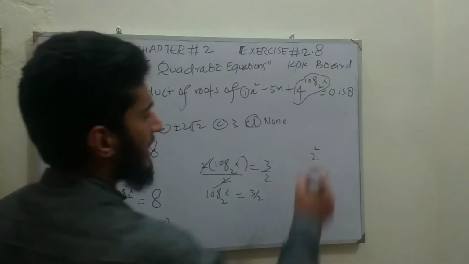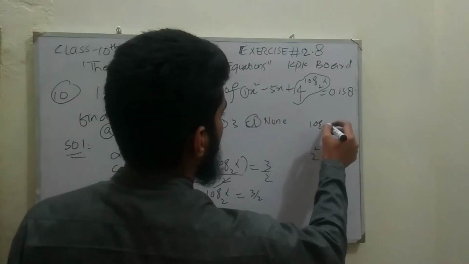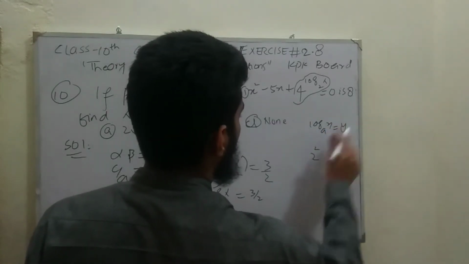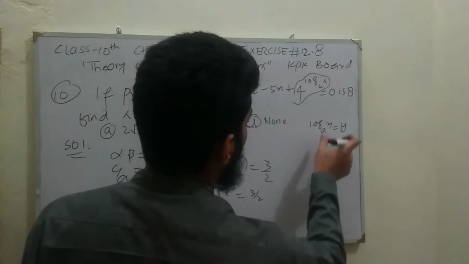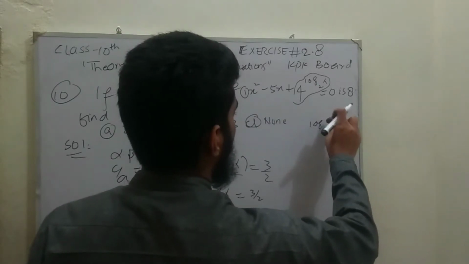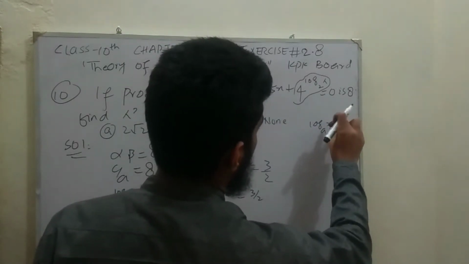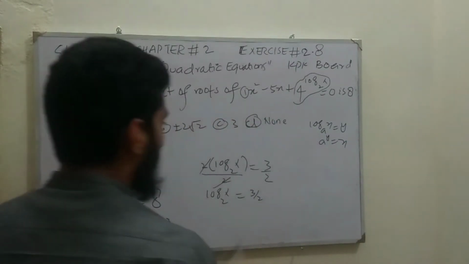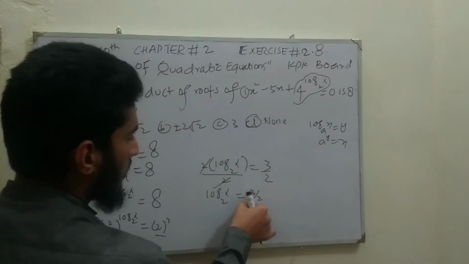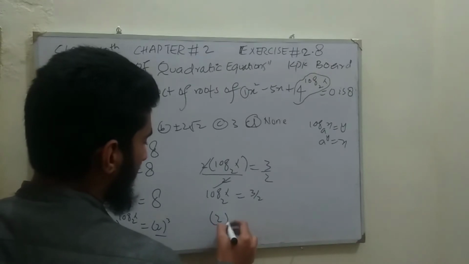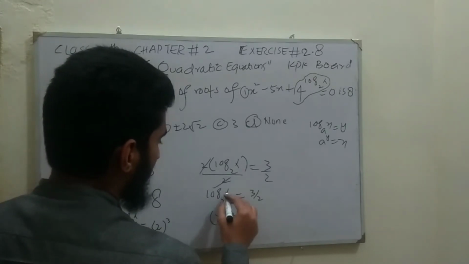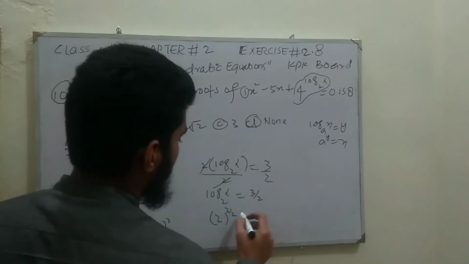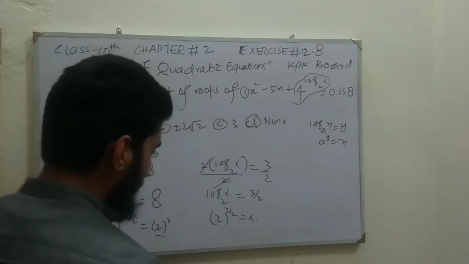Using the property of log, we know that if log of x to the base a is equal to y, then by removing log, we can shift y to the power and x to the right hand side, so it becomes a power y is equal to x. This is the property of log. Using the same property here, 2 power 3 over 2 is equal to lambda.